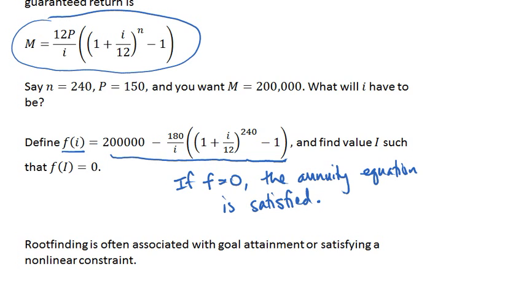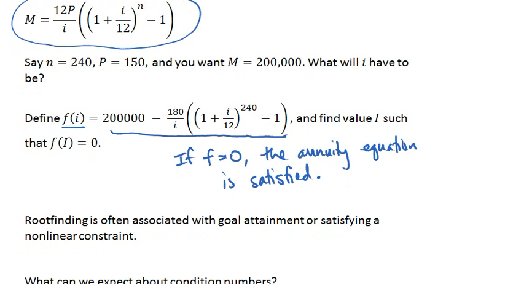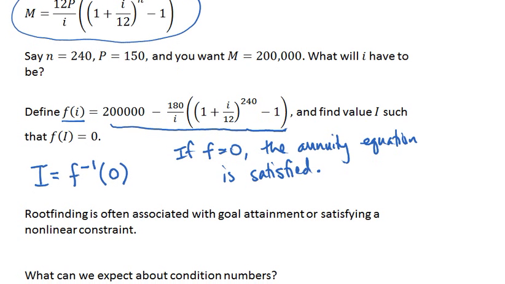You won't be able to find the inverse function by a formula, which is usually the case. You could think of it as finding a single value of the inverse function, I is the value of the inverse function at 0, but we do it not by trying to find a formula for f inverse, but through other methods.